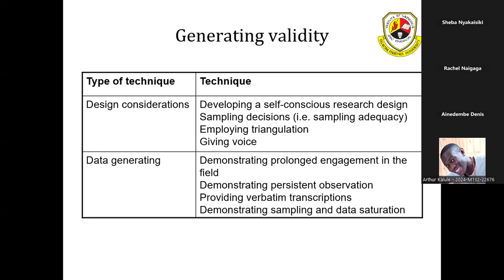Thank you, Doctor. Okay. So now with qualitative research, how would we come up with validity? Just the same as we would with quantitative research. So one is self-conscious research design.